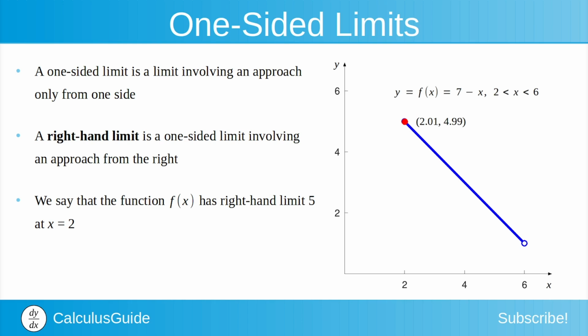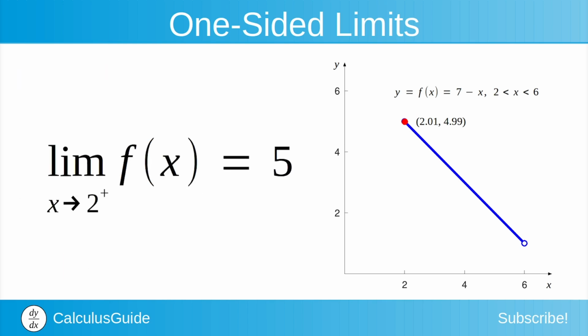We write this in the following way. This notation for a right-hand limit includes a plus sign. This notation, now highlighted, means that x approaches 2 from the positive side of 2 through values greater than 2.